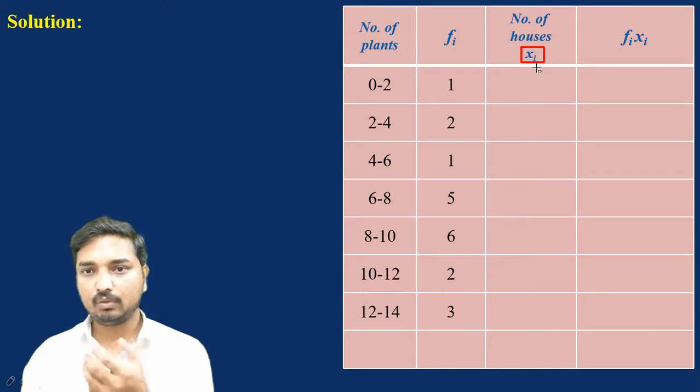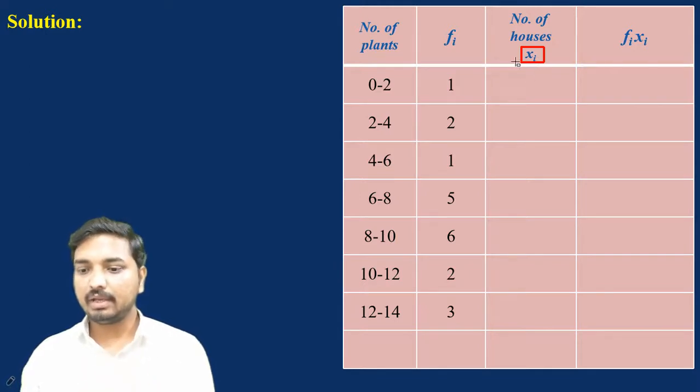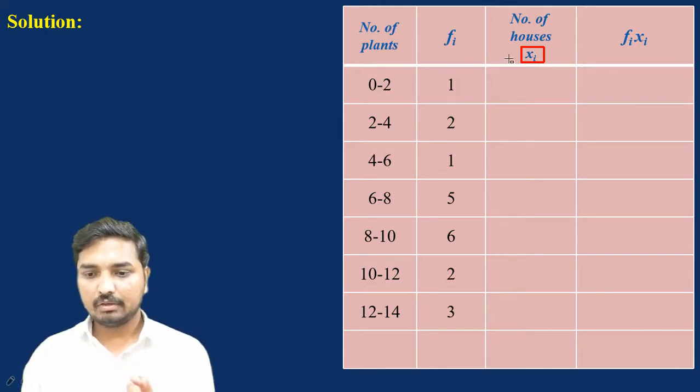When you are going to find the mean, in the case of a continuous frequency distribution the third column should be xi. I think I made a mistake here.